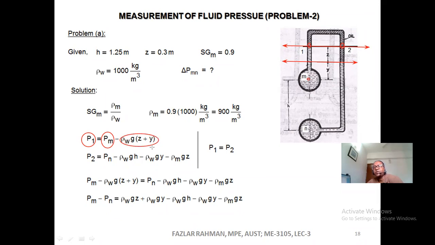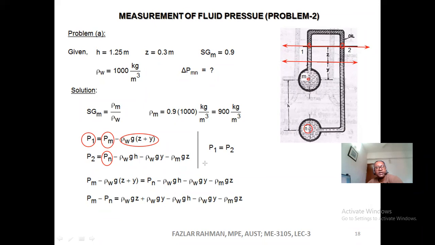So this is P1. And similarly, P2, you start from tank N. So what is the pressure at tank N? Pn. So I say P2 equal to Pn, then you first come right over here or directly come over here because it is the same fluid. What is the height from here to here?